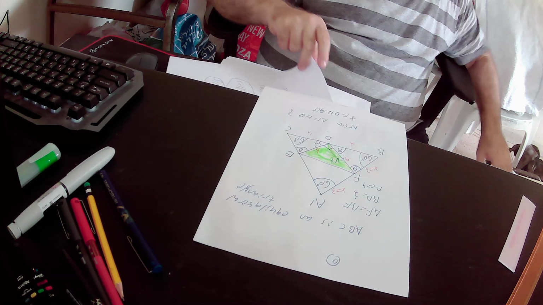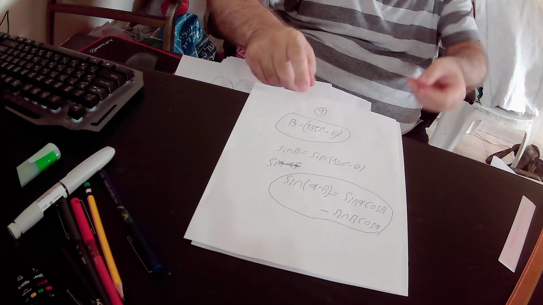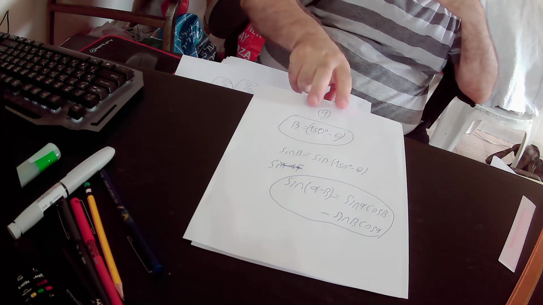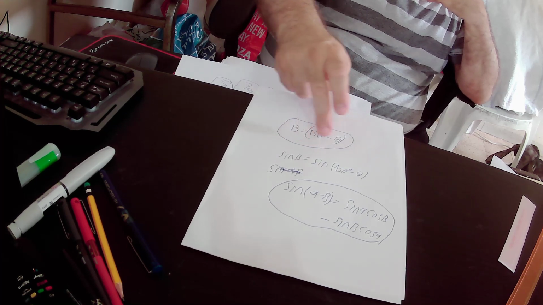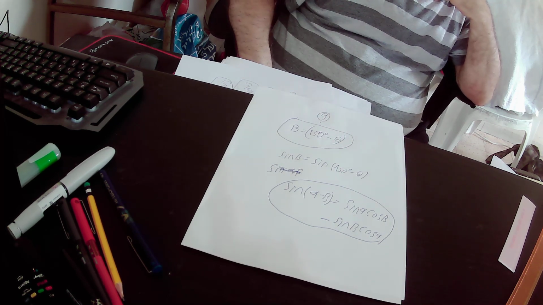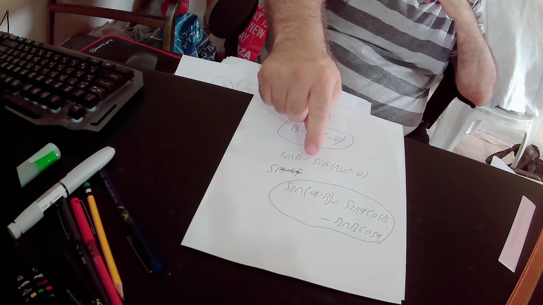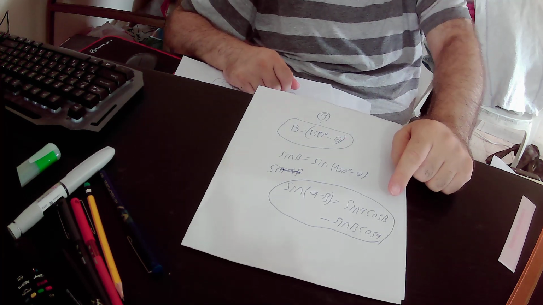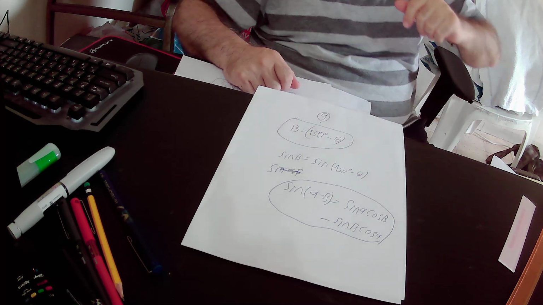Okay, in the next step, we have already found that beta equals 150 degrees minus theta. If beta equals 150 degrees minus theta, then sine beta equals sine of 150 degrees minus theta. And we have the second trigonometric identity that states that sine of alpha minus beta equals sine alpha times cosine beta minus sine beta times cosine alpha.